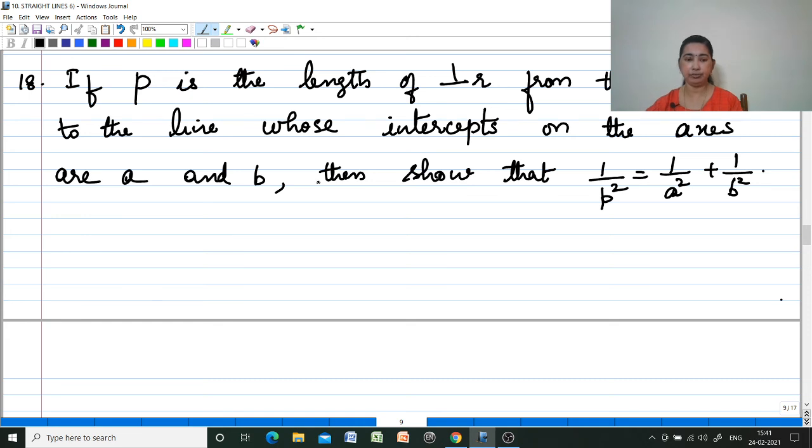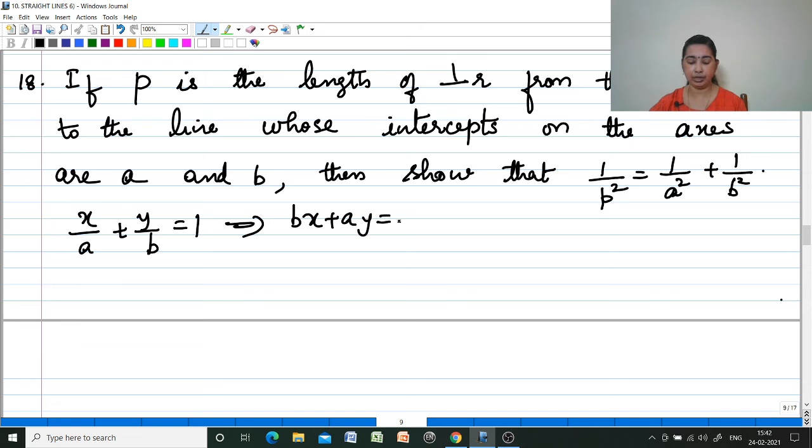So the equation of the line is x by A plus y by B is equal to 1, or we can write it as bx plus ay is equal to ab, or bx plus ay minus ab equal to 0, and P is the length of the perpendicular from the origin to this line.